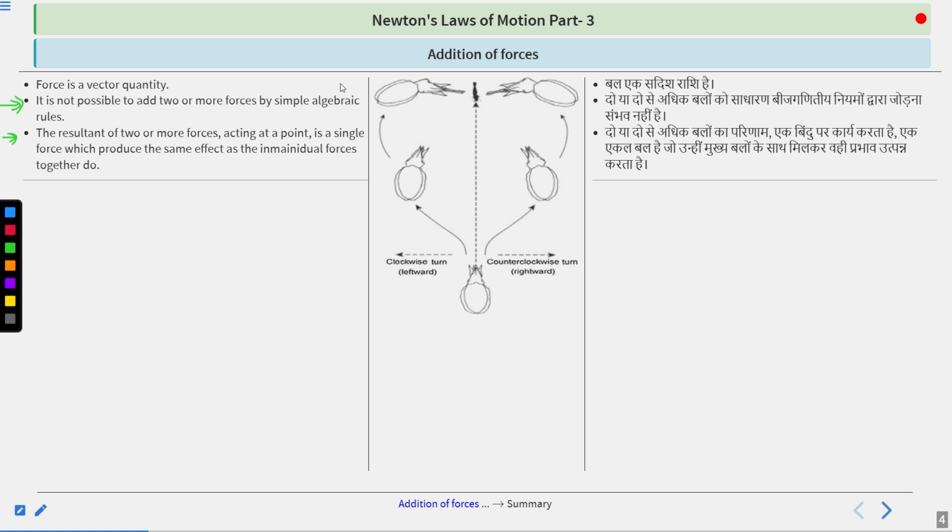Suppose you consider this point as a point of reference and you are experiencing two or more forces acting on it. Then you can't say that there are two forces; these forces will act as a single force, which produces the same effect as the individual forces together do. That's why I told you that at any point of reference, two or more forces could not act. This is half true and half false.